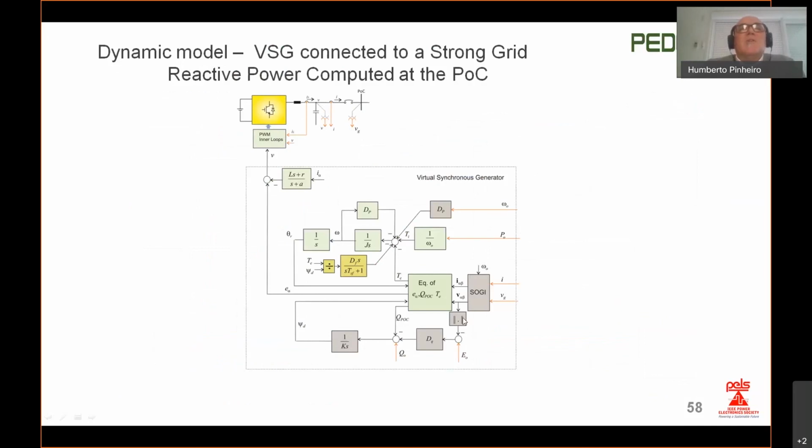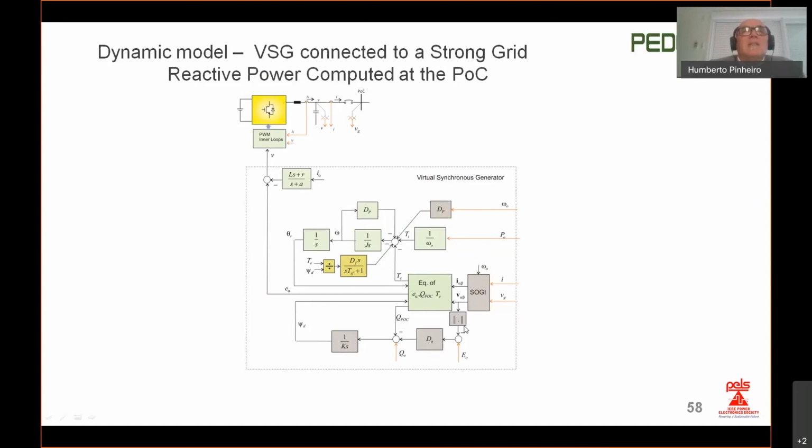So we are going to find a difference over here. You see Q POC over here, Q computed at the point of connection. And then the second difference is that in order to compute the reactive power, you have to have the voltage in a vector and make this vector product of the currents and voltage in order to get the reactive power.